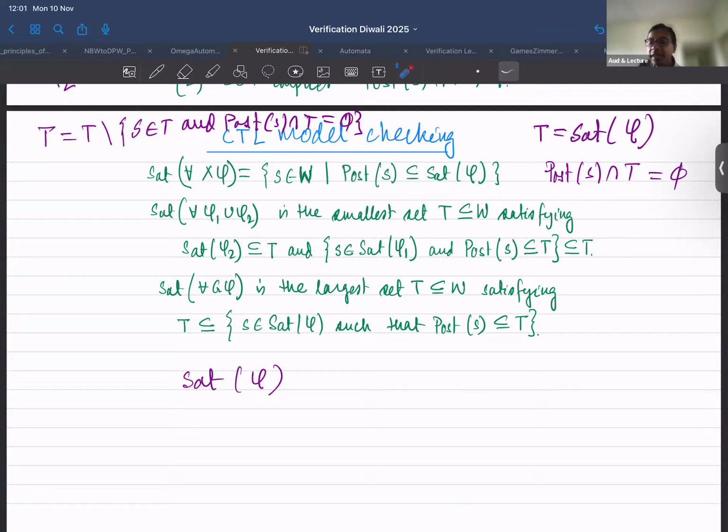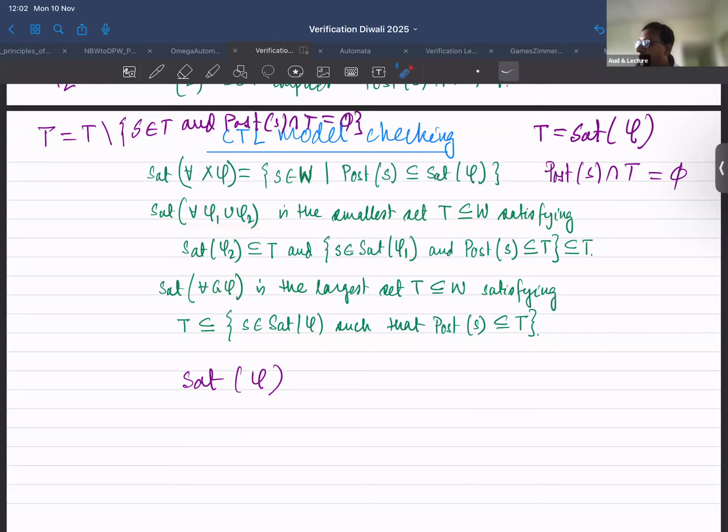Similarly, when you have for all phi 1 until phi 2, it is the smallest set T such that sat of phi 2 is a subset of T, and then S should satisfy phi 1. Along all paths, I should have phi 1 until phi 2.